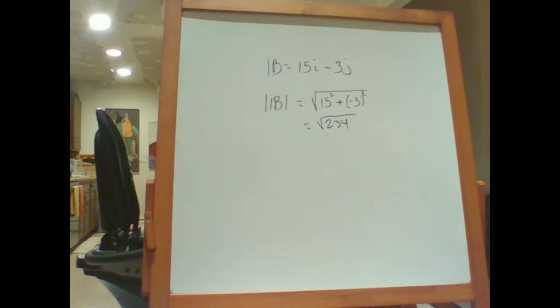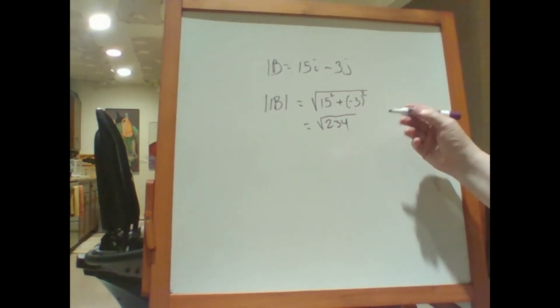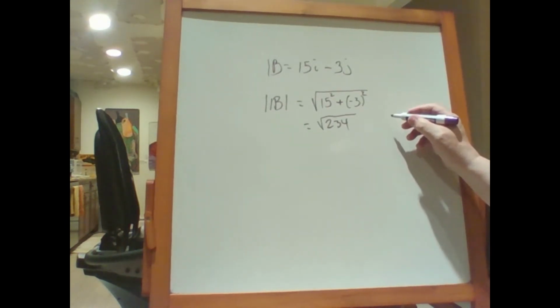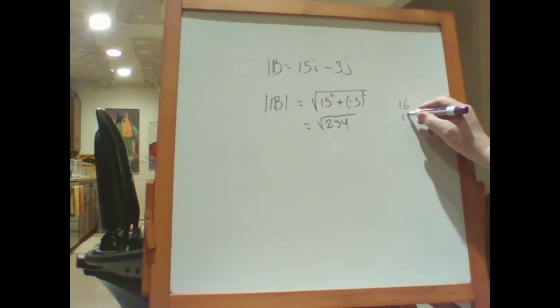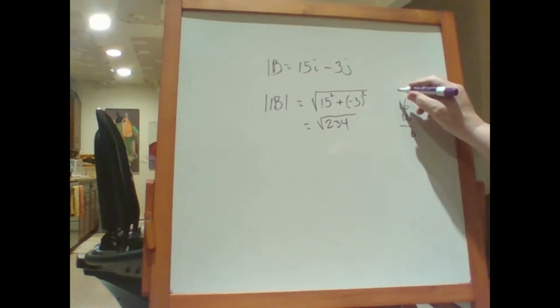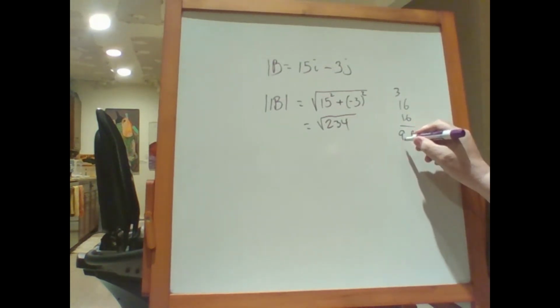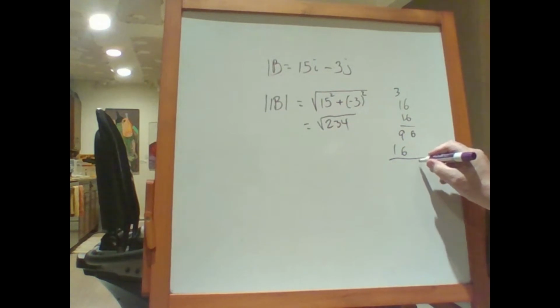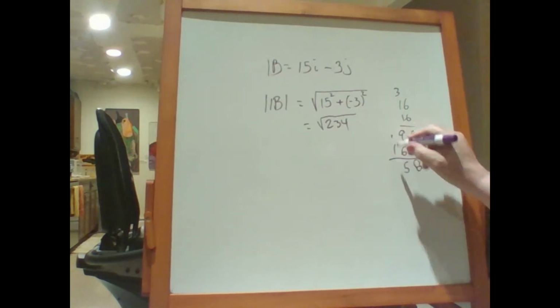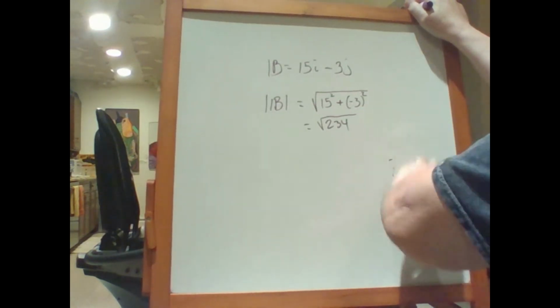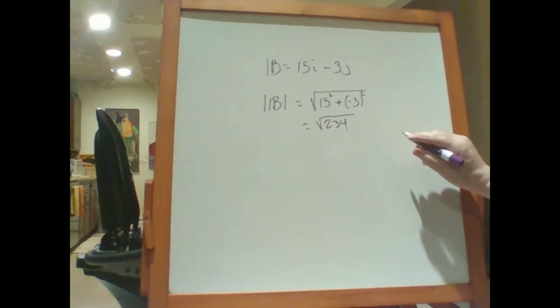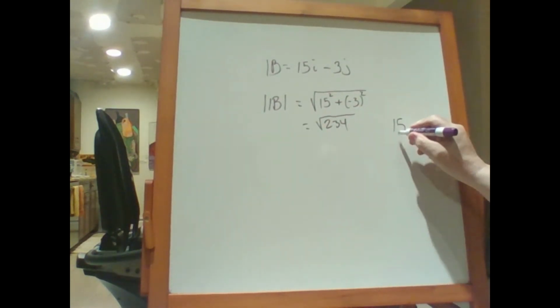Now, 20 squared is 400, so we'll try 10, which is 100. 16 is too big, so it's about 15 something.